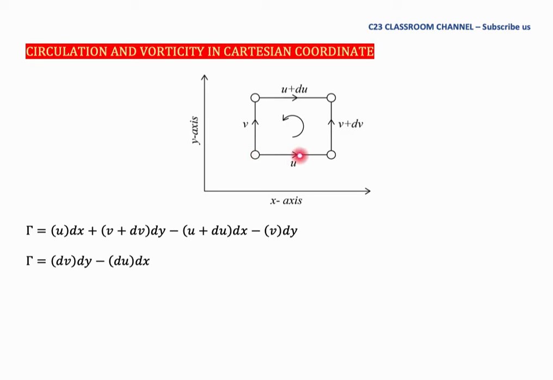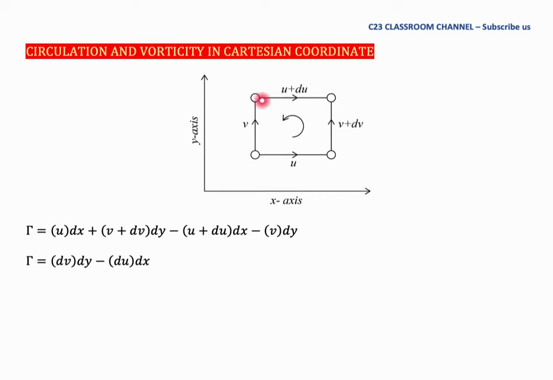So from here to here, the circulation value is u times dx. And then from here to here, the velocity is v plus dv, and the distance here is dy. So we add (v plus dv) dy.